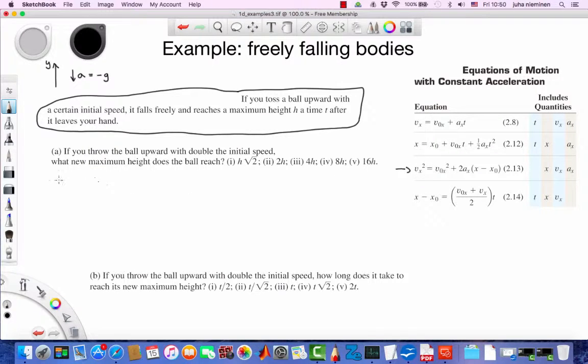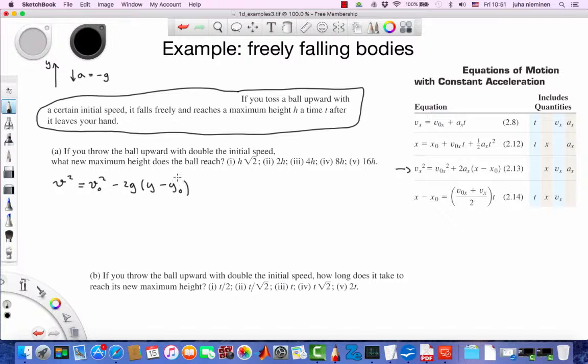So v is just the velocity at some point in the trajectory, v squared, equals the initial speed, v0 squared, plus the acceleration, but now a is minus g, so minus 2g, times the displacement, and of course we're talking about y now, so y minus some initial altitude.